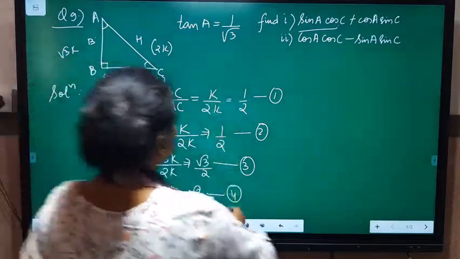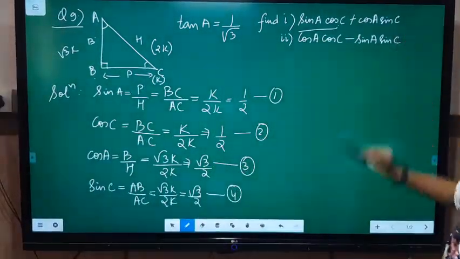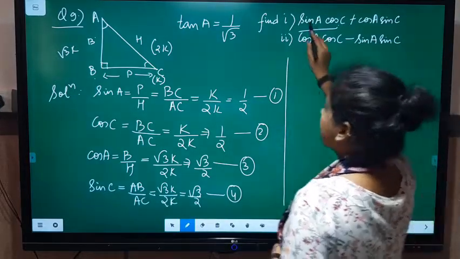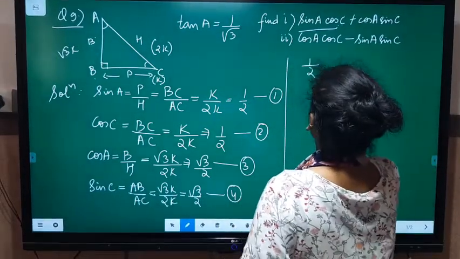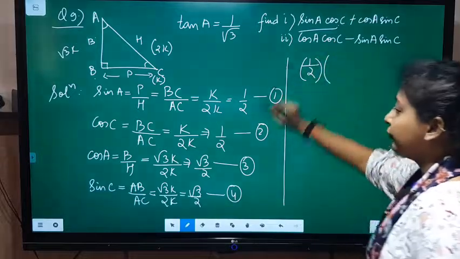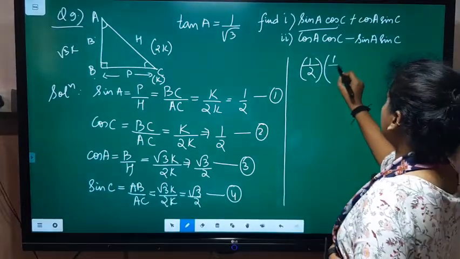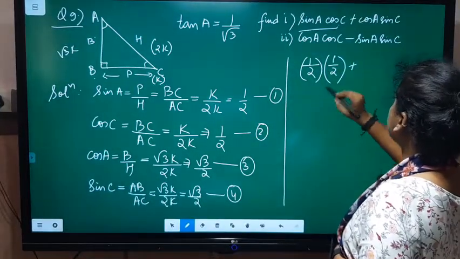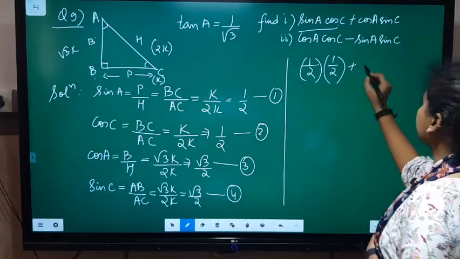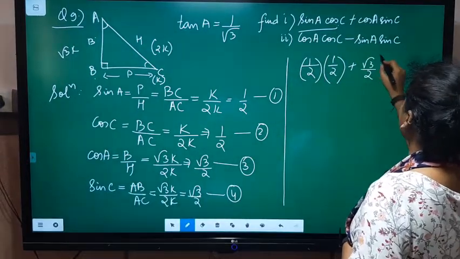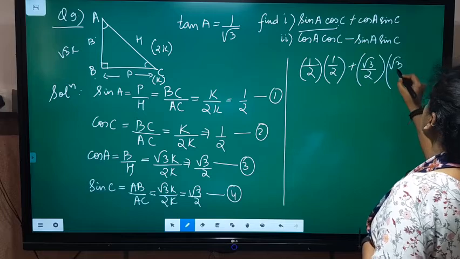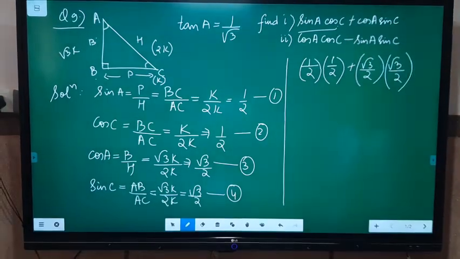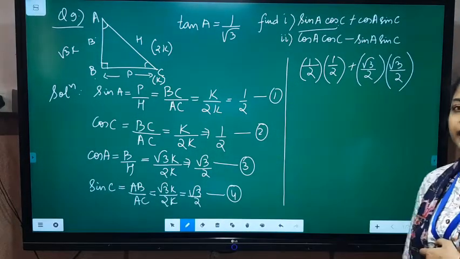We can substitute all of these values in this first part. In place of sin A, I am writing 1 upon 2. In place of cos C, I am writing 1 upon 2, plus sign as it is. In place of cos A, I am writing under root 3 by 2, and in place of sin C also I am writing under root 3 by 2, from equations 1, 2, 3 and 4.